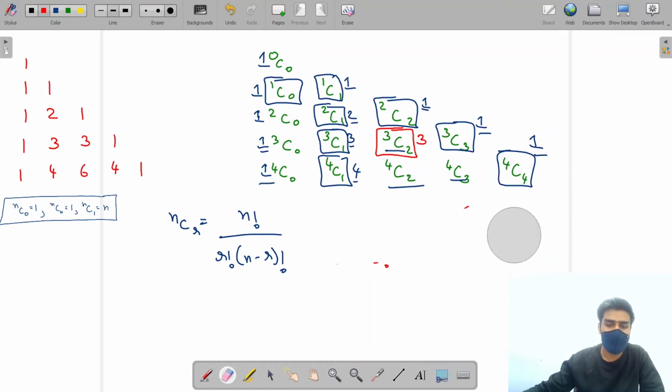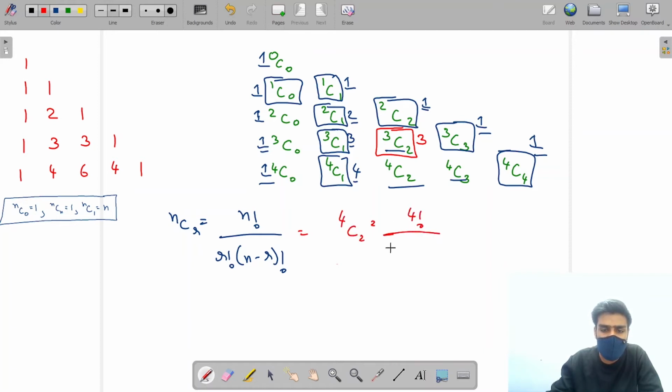Let me take another example and show it to you again. Let's say 4C2. Alright, 4C2 is 4 factorial upon 2 factorial into 2 factorial. So it means 4 into 3 into 2 factorial upon 2 factorial into 2 into 1.